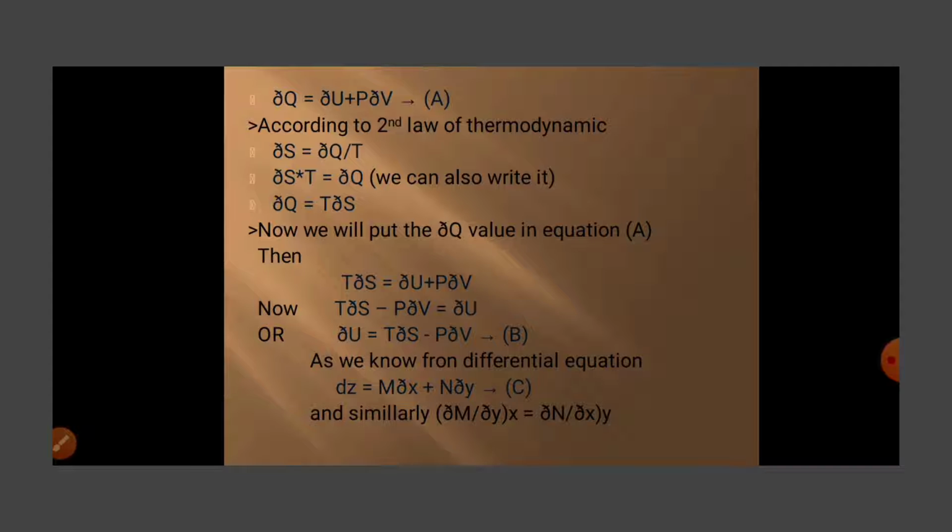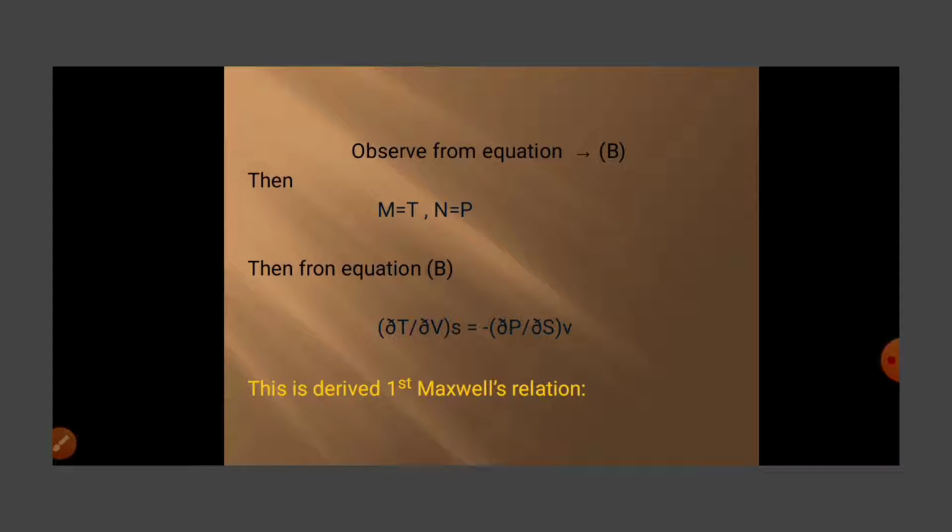If we observe equation B, we can write M equals T and N equals minus P. So our equation will become ∂T/∂V at constant S equals minus ∂P/∂S at constant V. This is the derived first Maxwell relation.